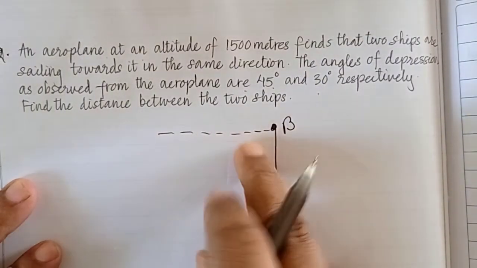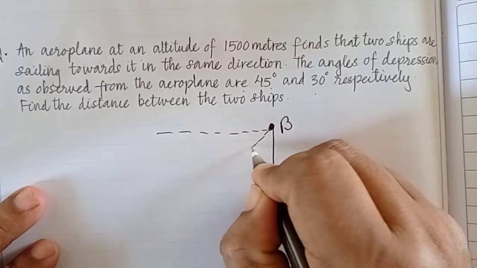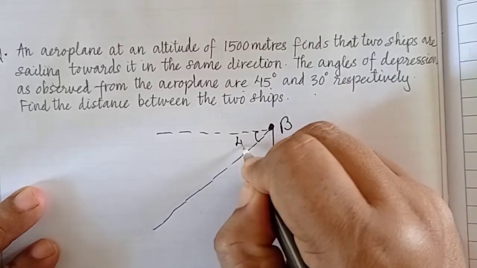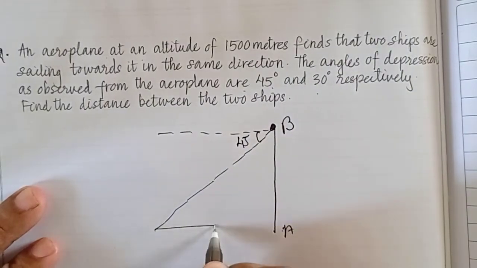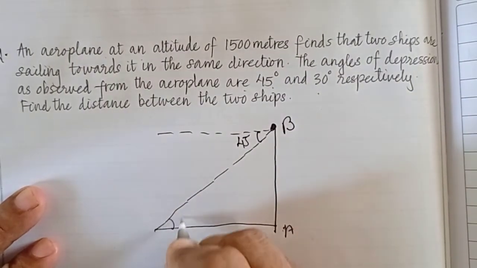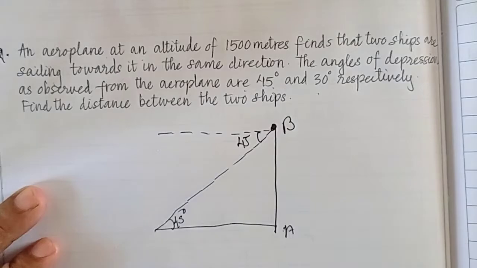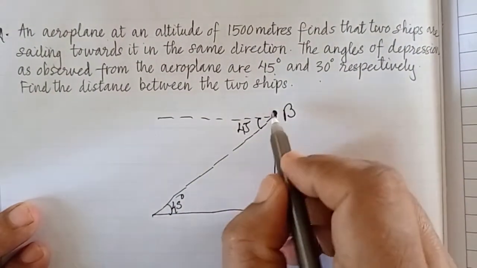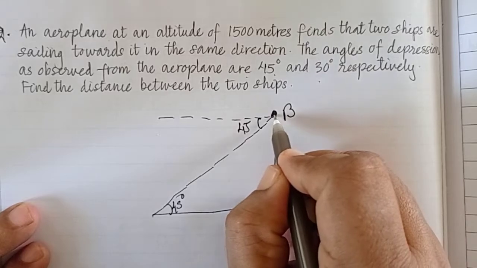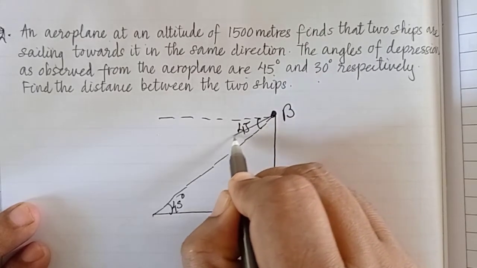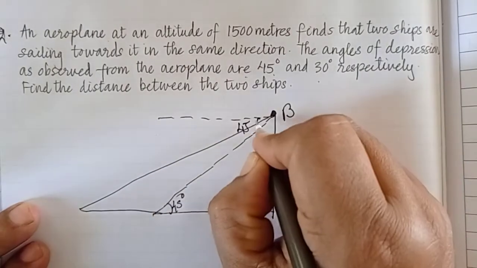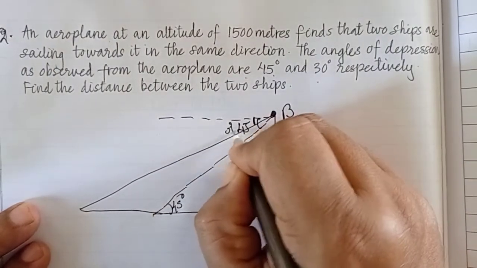That's very important. Now, first he makes an angle. Look here, this is 45, means when you join here, you will get this angle 45. Okay, that's the first one. Again, the angle changes to 30 degree. The small portion is 30 degree.